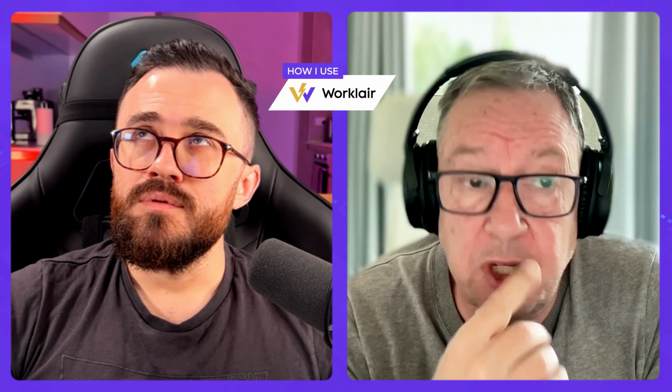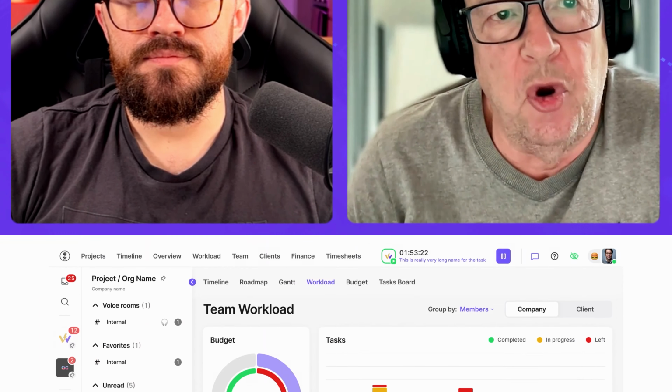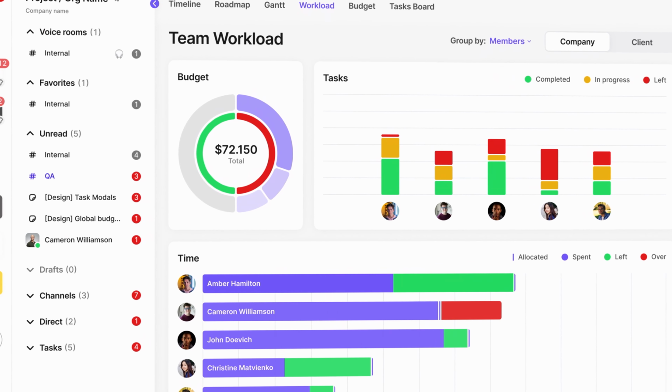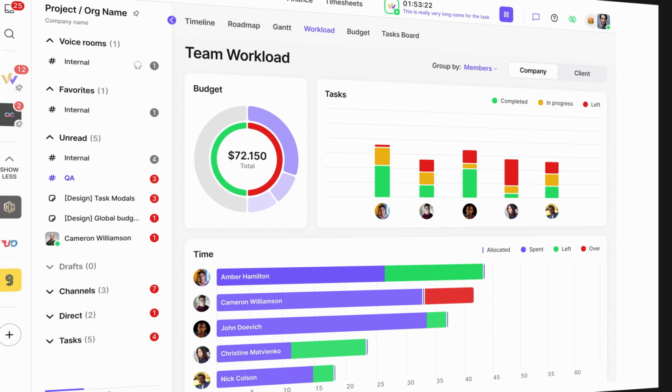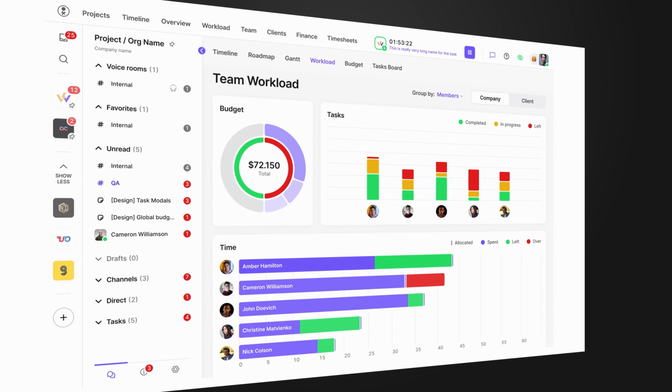Something I like, by the way, is the statistics on the workload. We have a couple of people handling the tickets, so I can see for the different people how many tickets are completed, in progress, and still open. That gives you a good idea where we are and what the workload is. It's not my daily job, so I spend relatively little time in the program because there are not many issues.